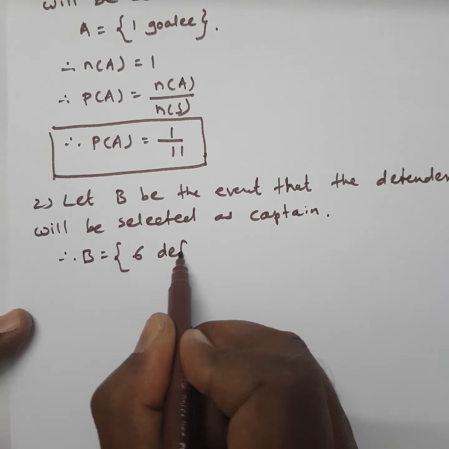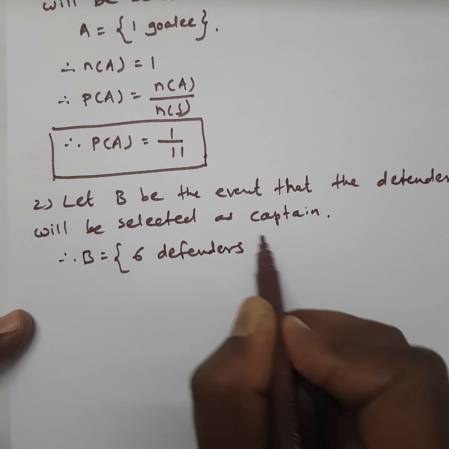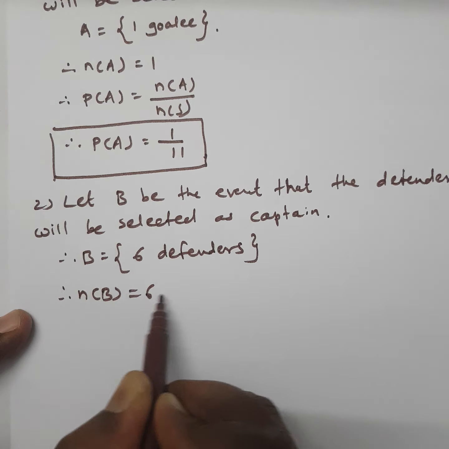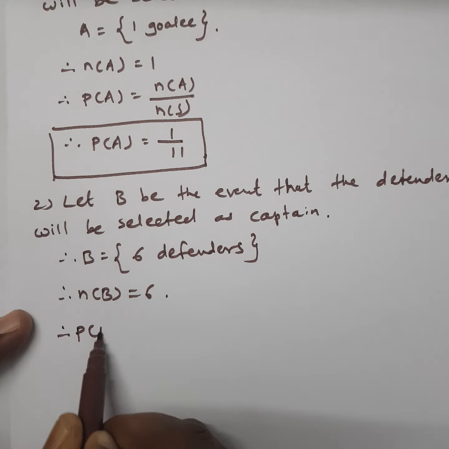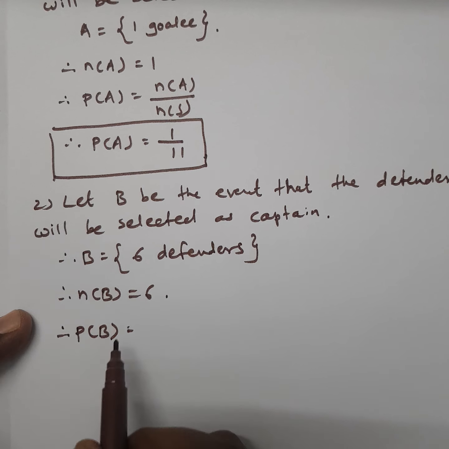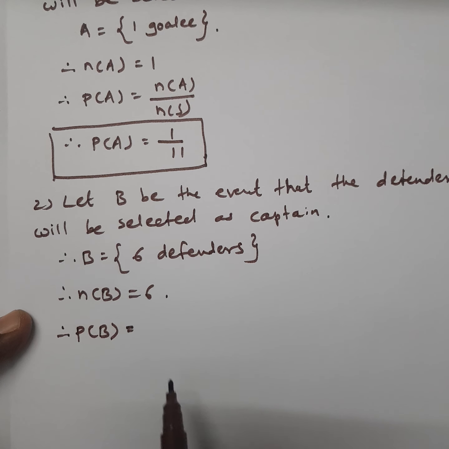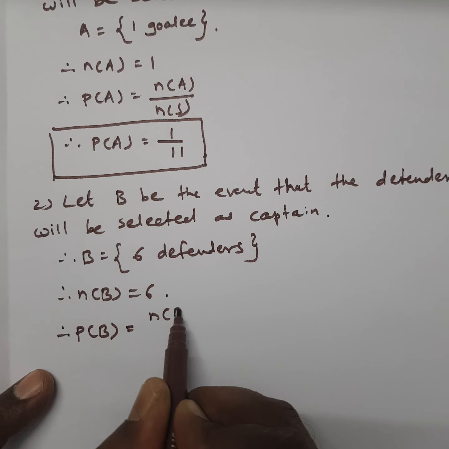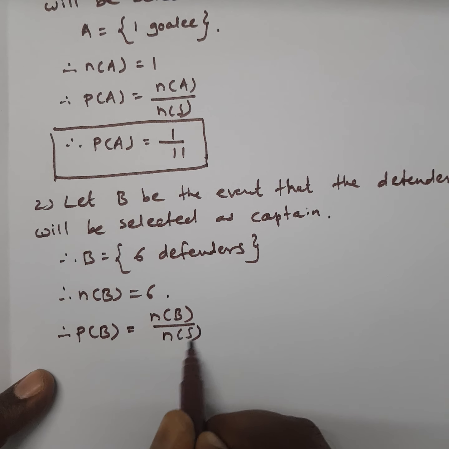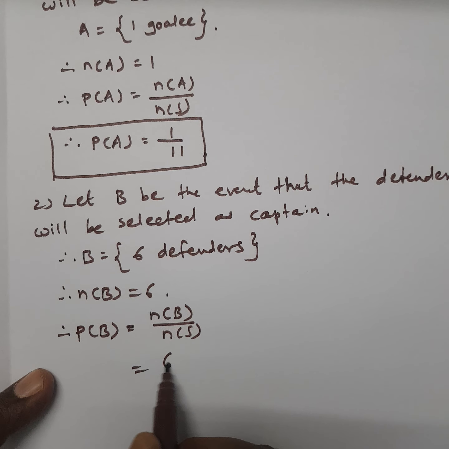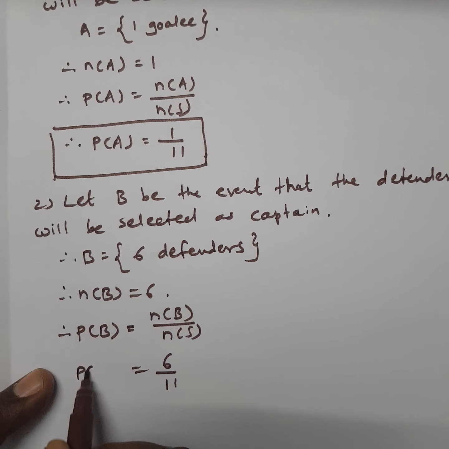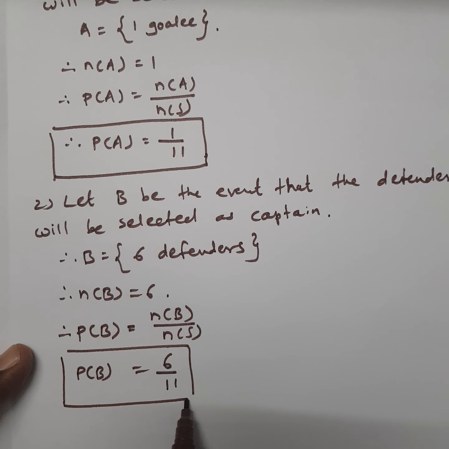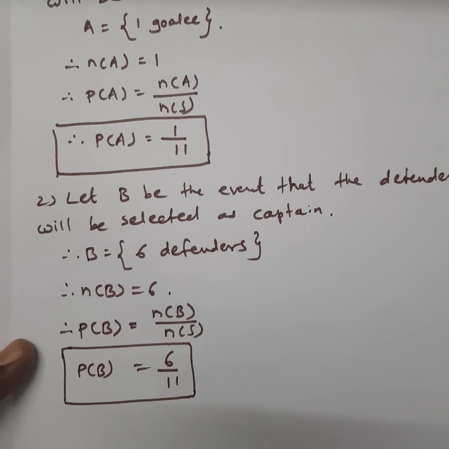Therefore, n(B) is equal to 6, and probability of event B, that is defender is selected as captain, is equal to n(B) upon n(S) is equal to 6 upon 11. Therefore, probability of event B is equal to 6 upon 11.